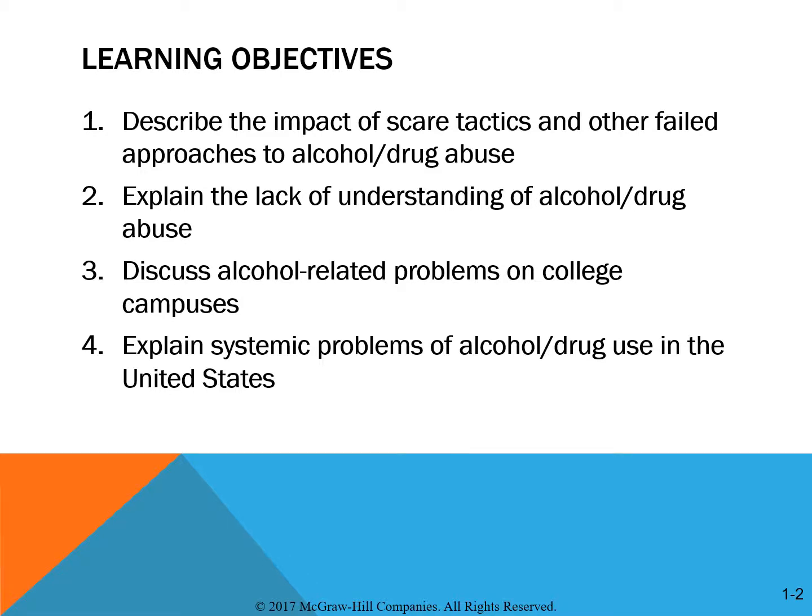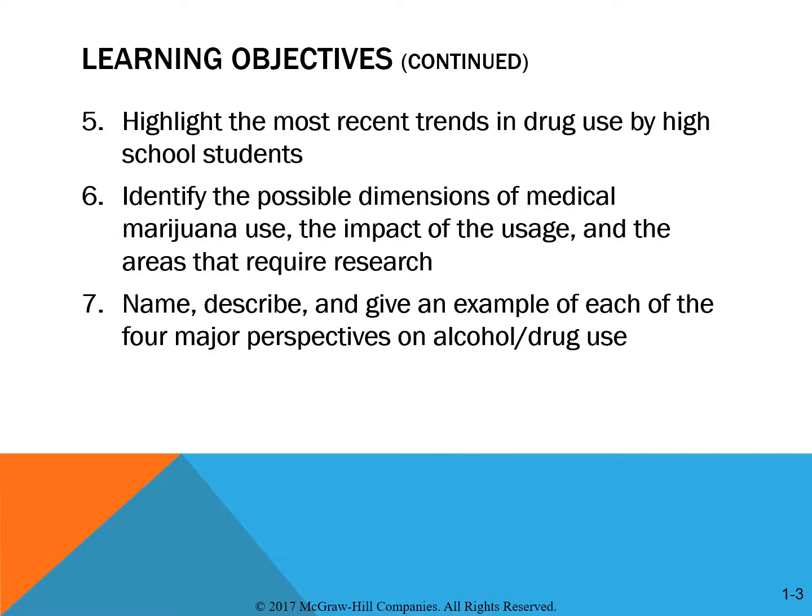Here are the learning objectives for Chapter 1. Information is presented on the failed tactics to the prevention of drug abuse, including scare tactics. This chapter also covers the alcohol-related problems on college campuses and an up-to-date review of the most recent trends of drug use among high schoolers.